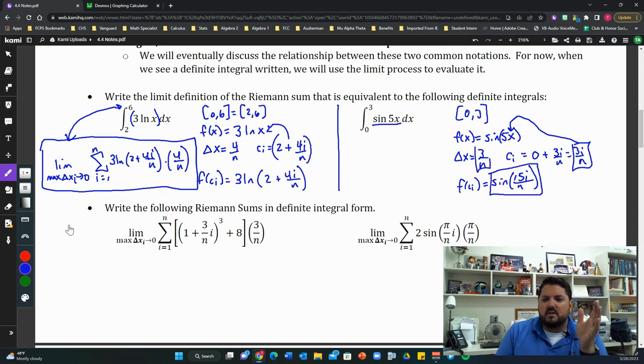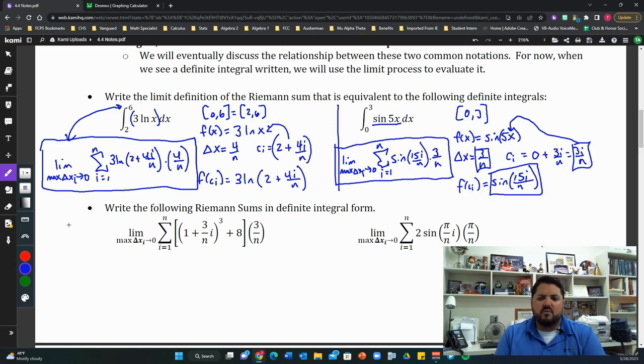So we're going to take our height times our width. So I'm going to get the limit as our max delta x sub i goes to 0 of sigma, yikes, that was really bad. Apologies. Delta x sub i goes to 0 of the sigma from i equals 1 to n of sine of 15i over n times 3 over n.